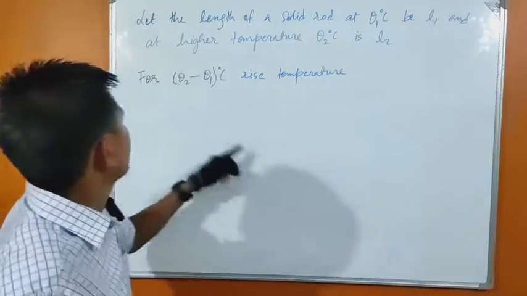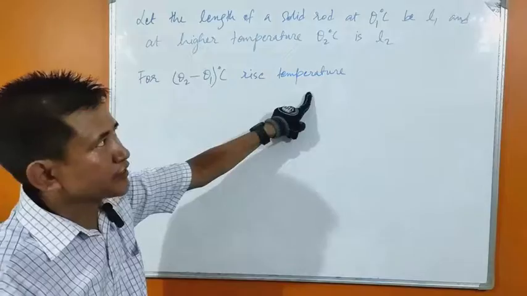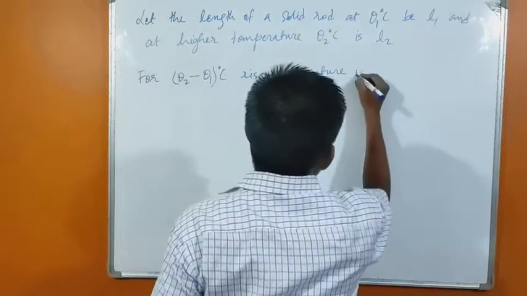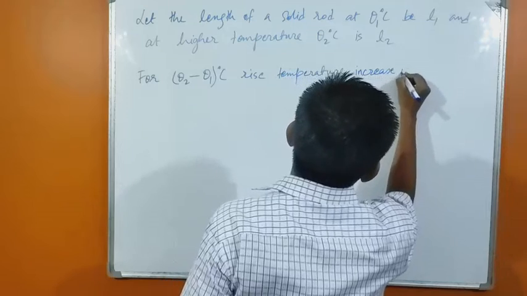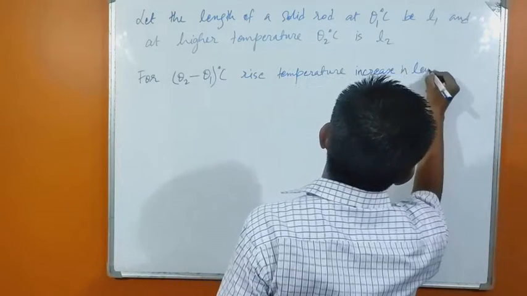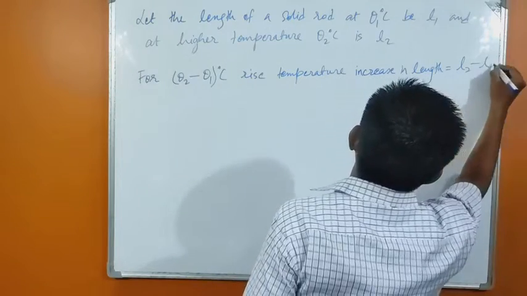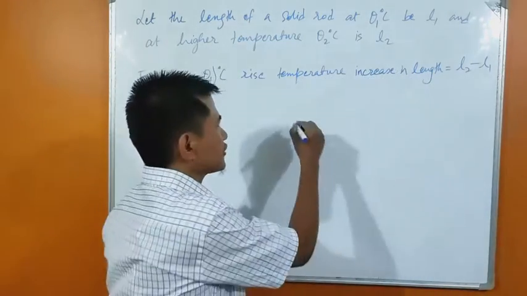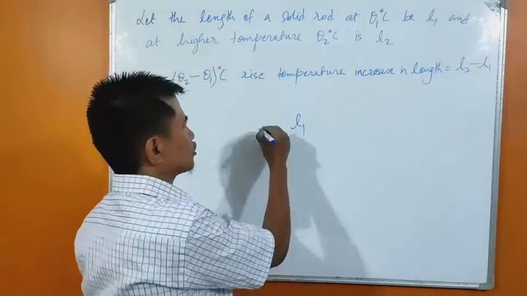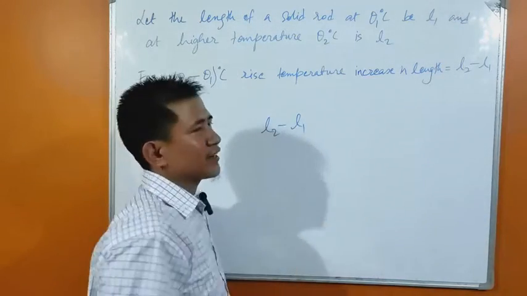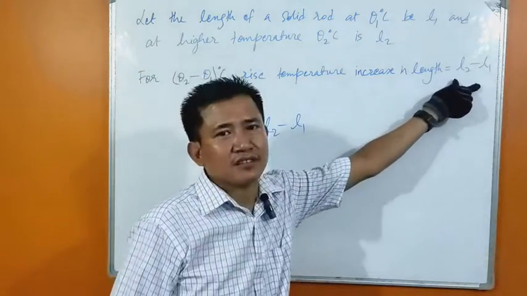Okay. For theta 2 minus theta 1 degree Celsius rise in temperature, increase in length equal to L2 minus L1, isn't it? Previously the length was L1, now the new length is L2. So L2 minus L1 gives the increased length, isn't it?